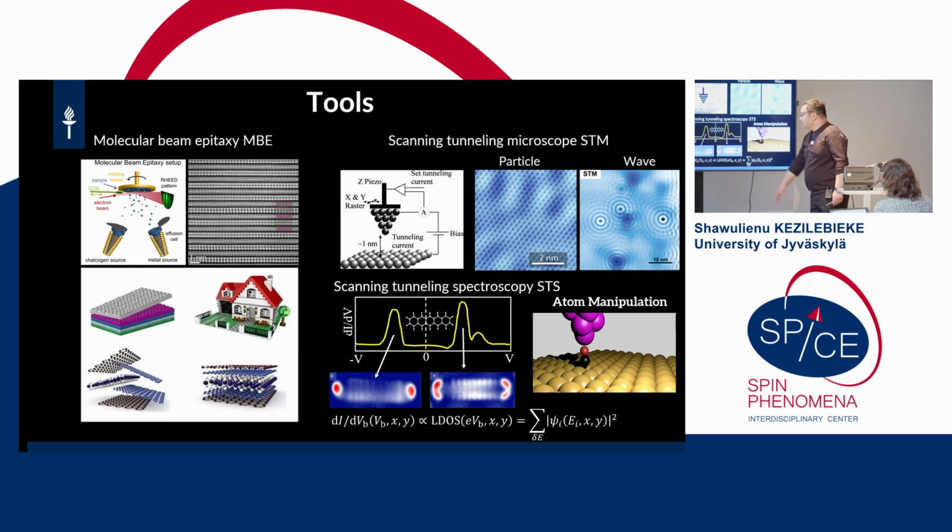We have atomic resolution, so we have very high spatial resolution. And then the final function of the STM is that you can also move things around on the surface, which is called atom manipulation. This is one of the functions we use to construct these artificial lattices.